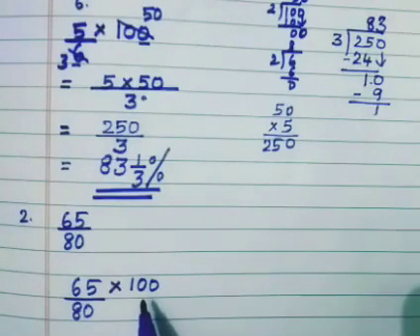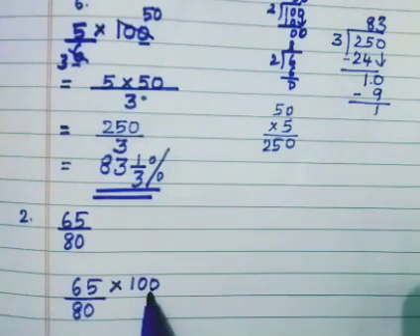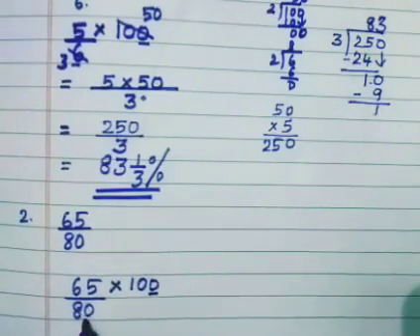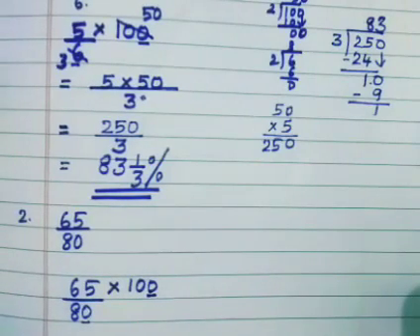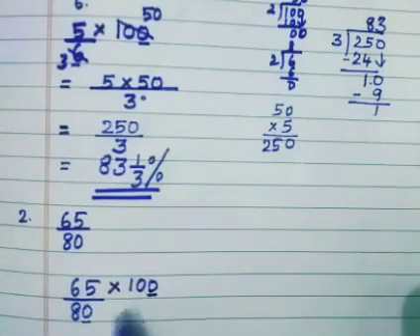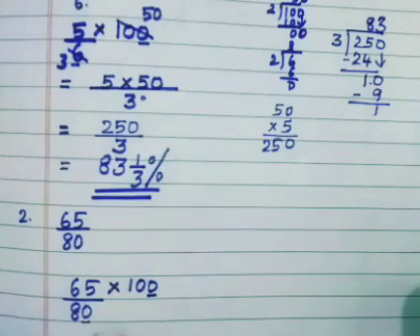To convert a given fraction to a percentage, you have to multiply it by 100 and put the percentage sign. Now look at this one. Here look at the numerator and denominator. The 100 has a common factor with 80. Here the last digit of 100 is 0, here the last digit of 80 is 0. So we know that both the numbers are divisible by 10.